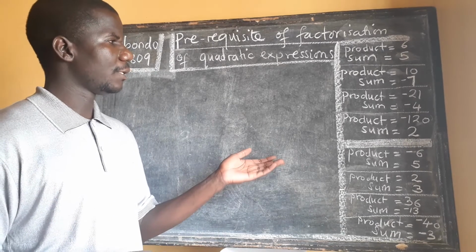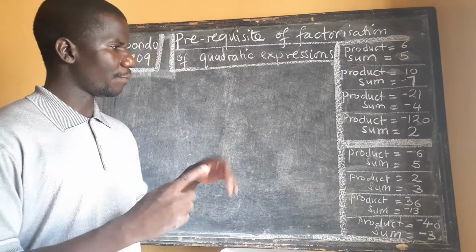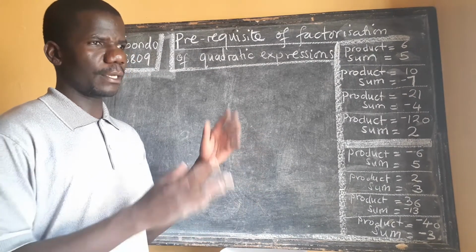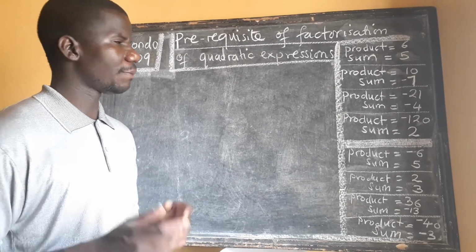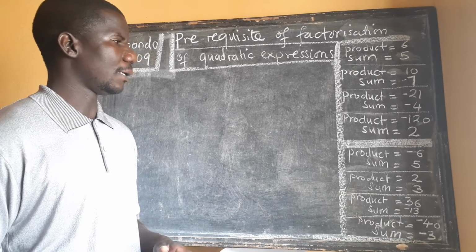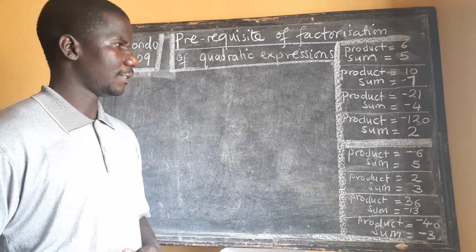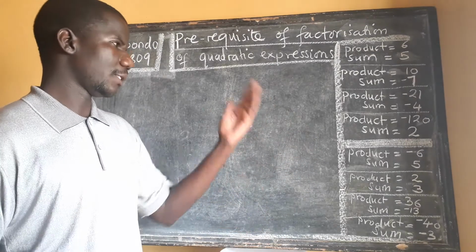So this one is supposed to come after grouping terms. Then from this one, you go to quadratic expression. You are going to find them very helpful and easier, especially for beginners, those people that really have challenges in the subject. I'm building the concept from what you may know to what you don't know.